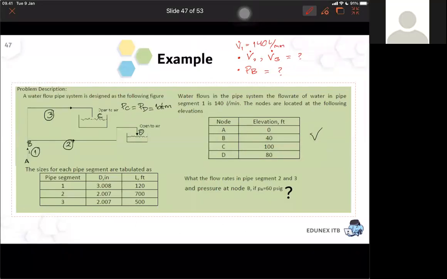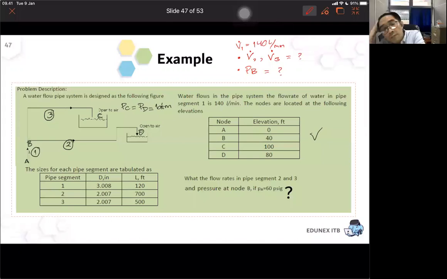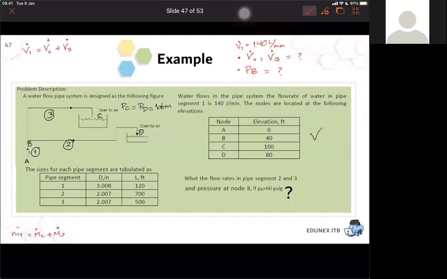We can use the mass balance. Yes, you can use the mass balance. So I'm using directly the volumetric balance, right? Assuming the density is constant. So it should be M1 equals M2 plus M3, right? Yes, sir. But when the density is constant, you can just use the volumetric conservation.